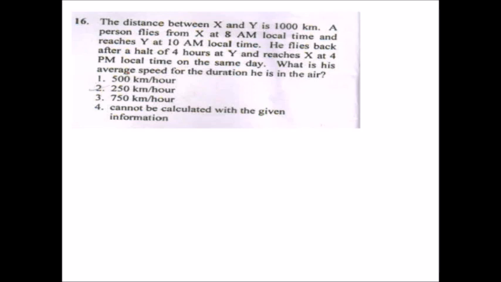The distance between x and y is 1000 kilometers, and a person flies from x at 8 a.m. and reaches y at 10 a.m. local time, and he flies back after a halt of 4 hours.